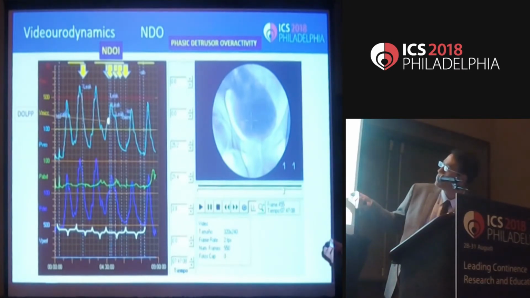So this is useful to determine the detrusor overactivity leak point pressure, which is the same as detrusor leak point pressure, but it's a new term regarding the lowest pressure of the detrusor where urine leakage occurs.